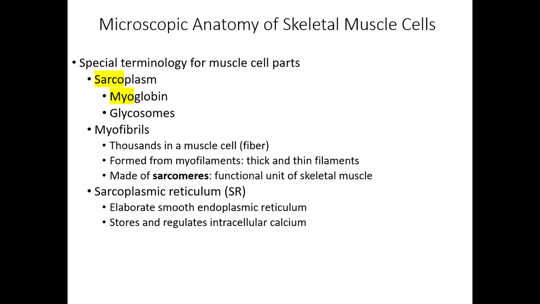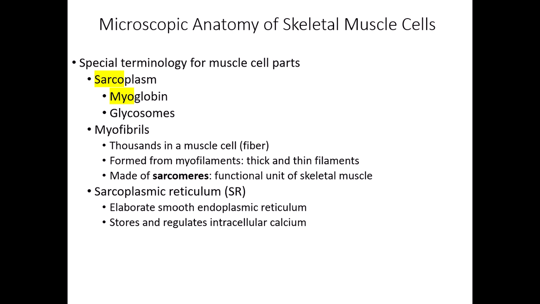But the sarcoplasmic reticulum, again, sarco telling you that we're talking about muscle cells, is going to have the function of storing and regulating intracellular calcium. So it stores calcium within the muscle cell, and we're going to see why that is super important for muscle contraction to be able to occur. And it also regulates intracellular calcium.